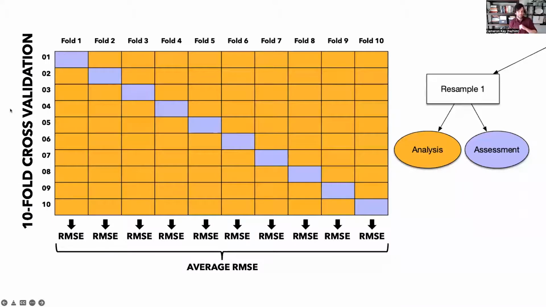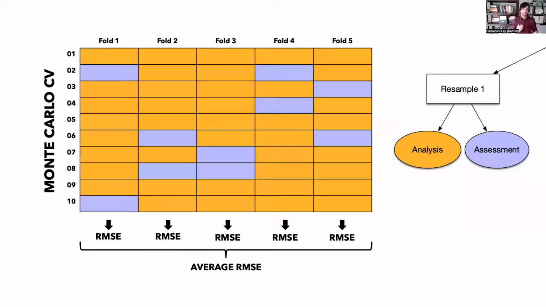So that's k-fold cross-validation. There's also Monte Carlo cross-validation, which I see used less often, although it's very, very popular with running simulations. And the idea here is that, again, you might have, for example, 5 folds, and you again choose 80% of the data to go into the analysis set and 20% of the data to go into the assessment set, but you allow the data going into the assessment set to appear multiple times across the folds, right?